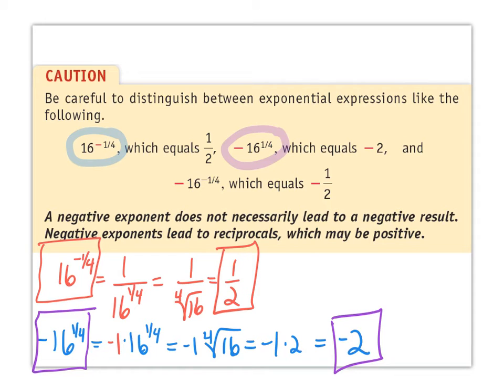Looking at this last example, negative 16 to the negative 1/4 power equals negative 1/2. A negative exponent does not necessarily lead to a negative result. Negative exponents lead to reciprocals, which may be positive.